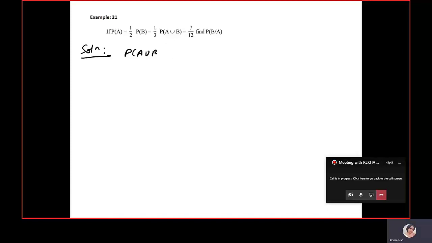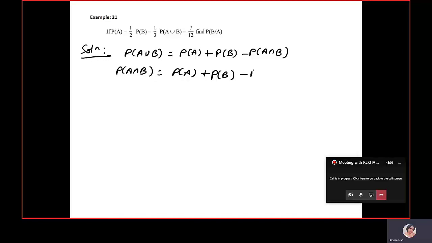So P of A union B is known. That is equal to P of A plus P of B minus P of A intersection B. So P of A intersection B is equal to P of A plus P of B minus P of A union B.